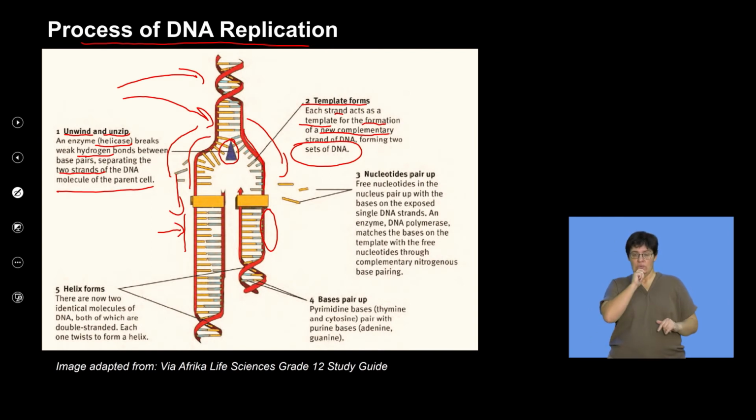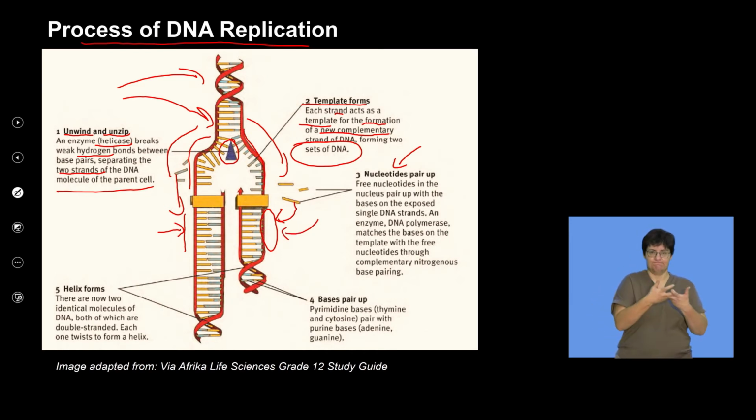Using the enzyme, which in this case is DNA polymerase, that enzyme brings in the free complementary building blocks called nucleotides. These templates are now exposed, and the nucleotides that are floating in the nucleoplasm are brought in to base pair with their complementary strands on the DNA template.